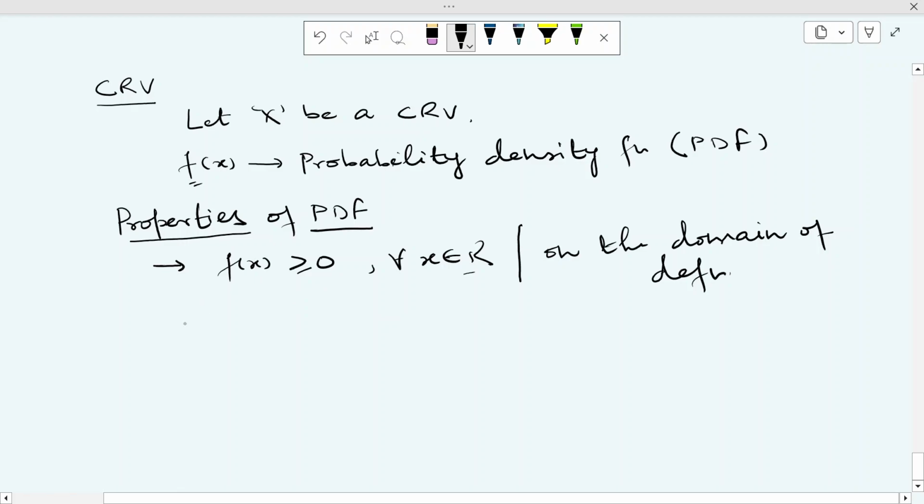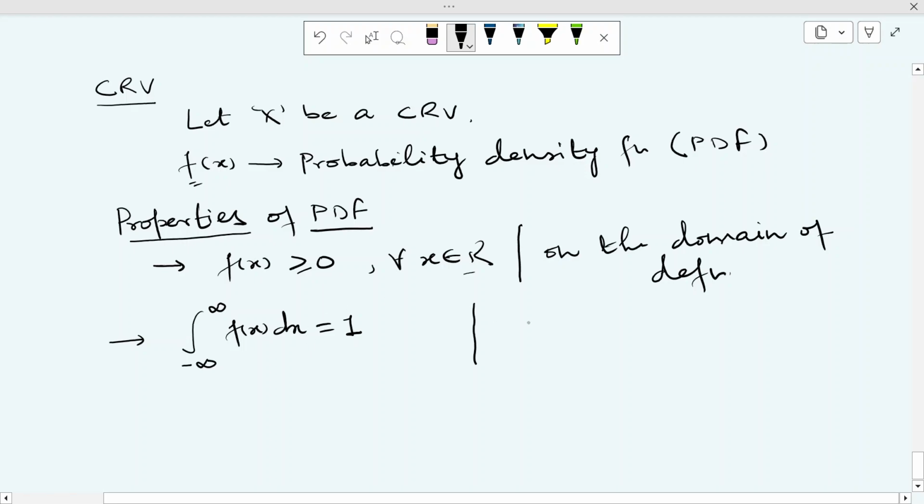And the second is that when you integrate this from minus infinity to infinity, the integral always produces 1. Again the remark is that it is not always necessary to perform this integral from minus infinity to plus infinity.